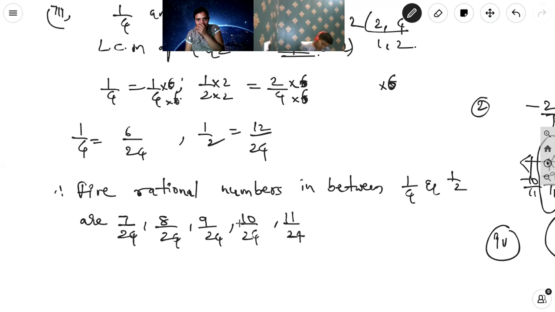Exactly 5 numbers are there. If both are positive numbers, then we can multiply with 1 more. If we want 5 and here in between no numbers are there, then we should multiply with 6 in the numerator and denominator for the first fraction and second fraction.